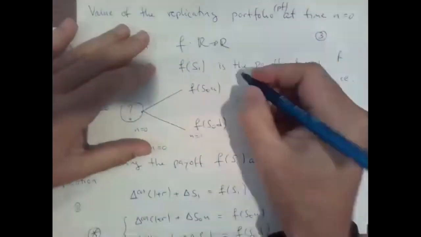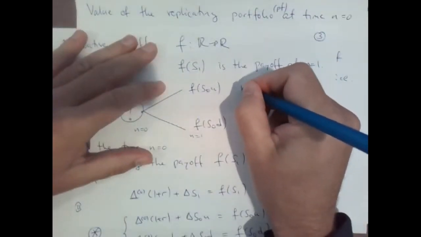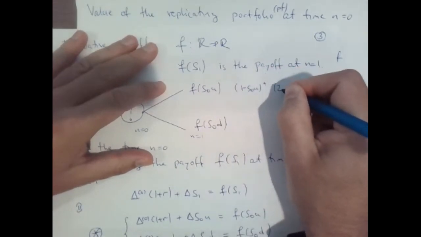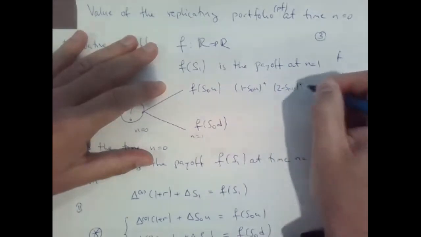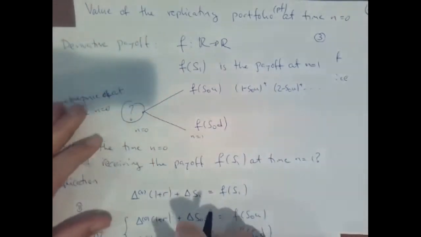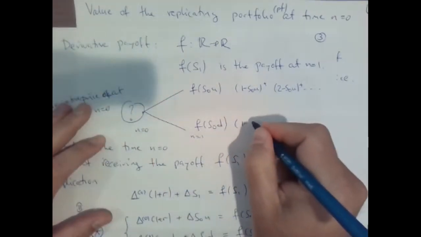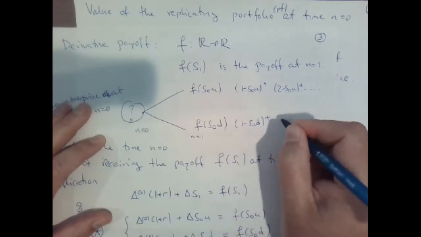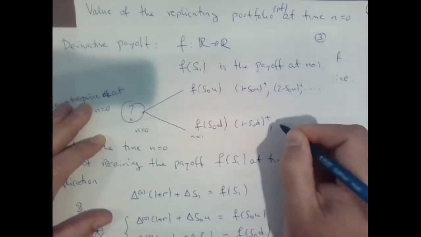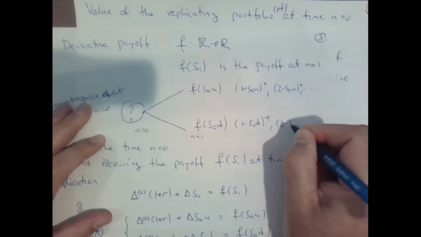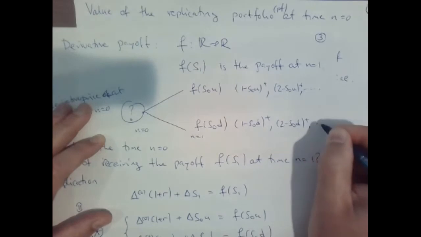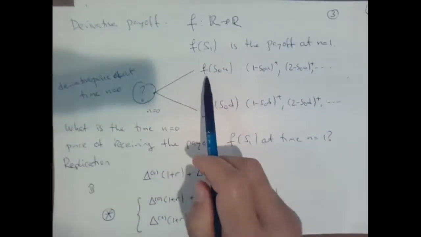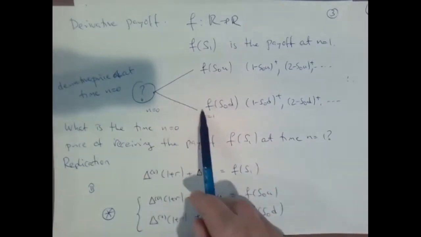So I could do k equal to 1, so then I'll have (1 minus S0u) plus. I could have (2 minus S0u) plus, and so on. I could have (1 minus S0d) plus. I could have (2 minus S0d) plus, and so on, right? So I'll have 100 of these diagrams.